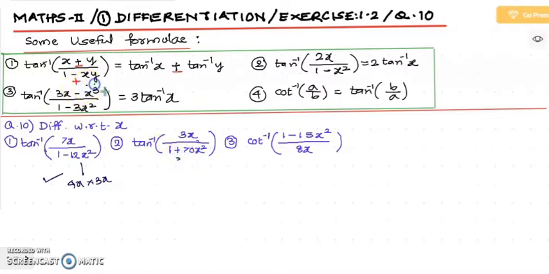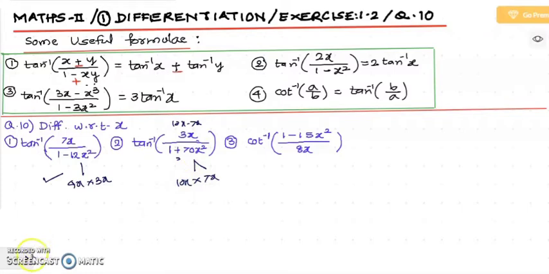How do you write 70x square in product form? 10x into 7x will be 70x square. And there should be subtraction of the two terms in the numerator. 10x minus 7x is 3x. So we can use these two and complete this answer.